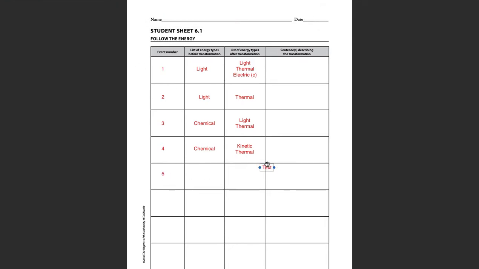So there's a couple types of energy prior to the transformation. So again, they're moving their feet back and forth, which is causing friction, which is a type of movement, so there would be kinetic there. And then also electric static, because they are creating friction, which is creating the static electricity.